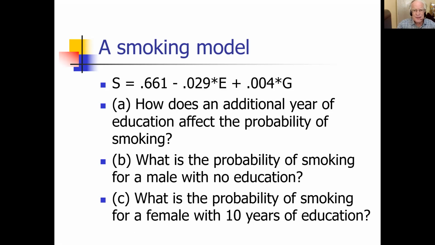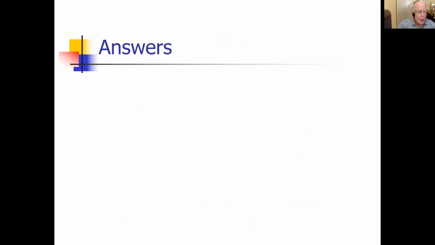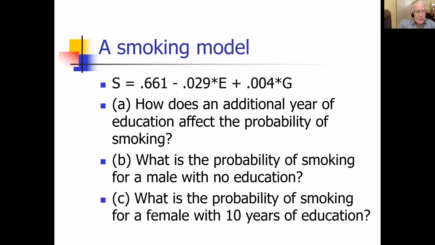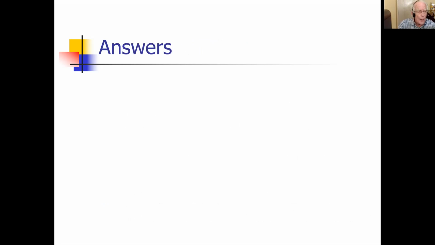Okay, time's up. Let's see how you did with the questions. So for our first question, you wish to calculate the impact of education on the probability of smoking for a typical respondent.